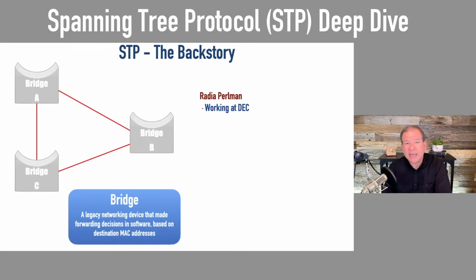She was working at DEC, and she was wanting to come up with a way to have a redundant connection between these Ethernet bridges and still not cause some problems that accompany a layer 2 topological loop. We'll take a look at it in just a second, because some really ugly things can happen if we have a loop. Packets can just start circulating forever. And she came out with the very first version of Spanning Tree Protocol.